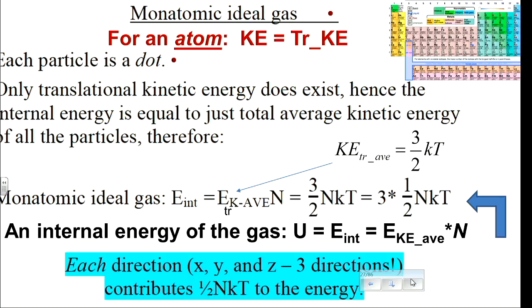For a monatomic gas, kinetic energy is equal to just regular mv squared over 2, translational energy, for a single molecule. If we want to calculate the energy of the gas, we just need to multiply by the number of particles. And that's what we call the internal energy of the gas.